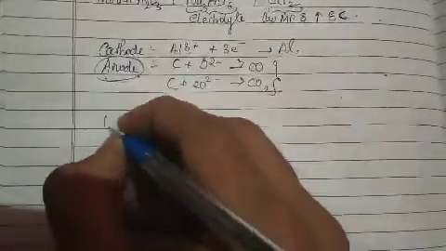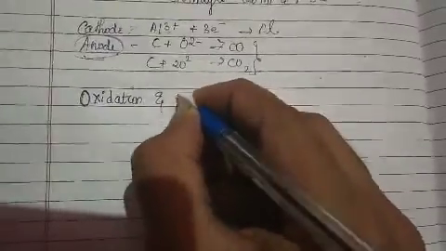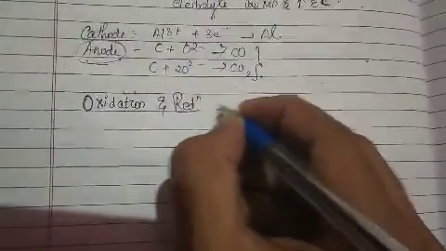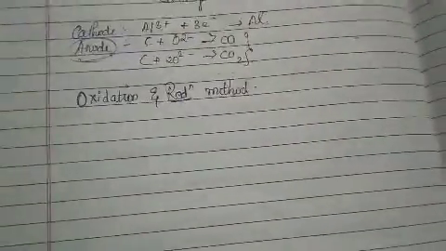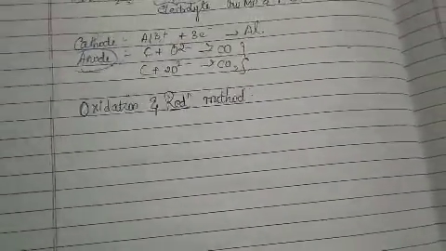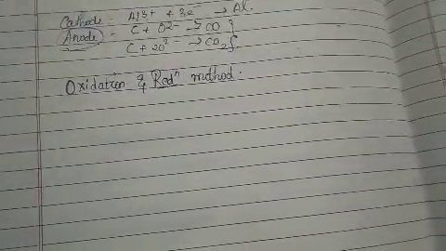The other method we are going to see is called the oxidation reduction method. Oxidation and reduction method. So basically, this is a process where we are going to see the extraction of gold and silver.